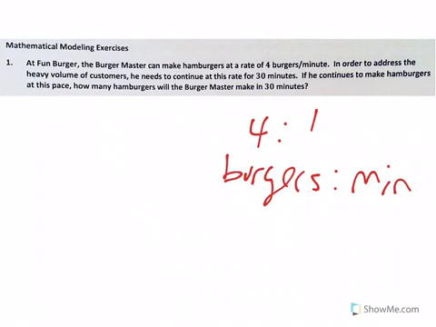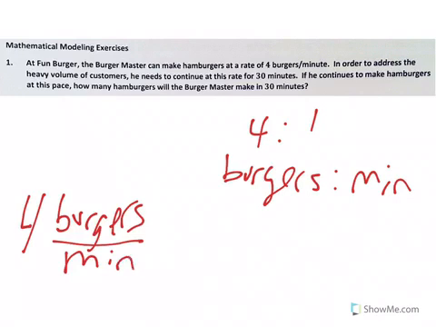Well, we can look at it this way. If we take 4 burgers for every minute, and we multiply that by 30 minutes, we can figure out our answer. So we have 4 burgers per minute times 30 minutes. Our minutes cancel out, and we end up with 4 times 30.